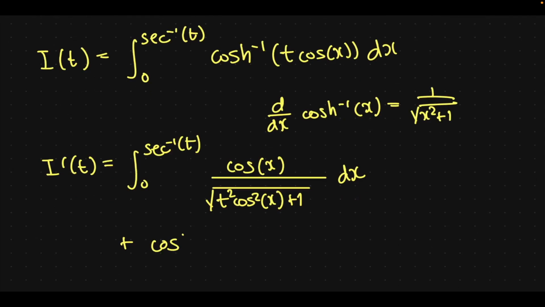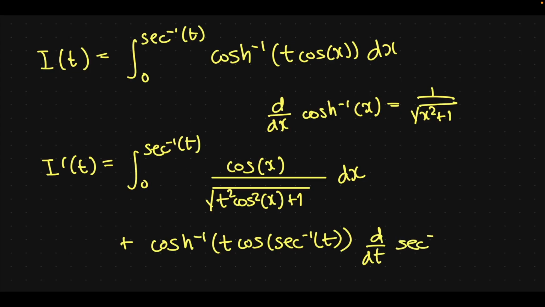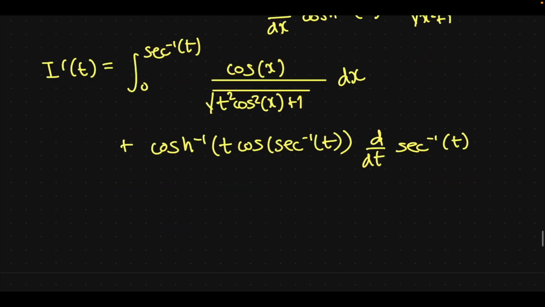So cosh inverse t times cosine of secant inverse of t, and the derivative of the secant inverse with respect to t. That's the complete Leibniz rule.